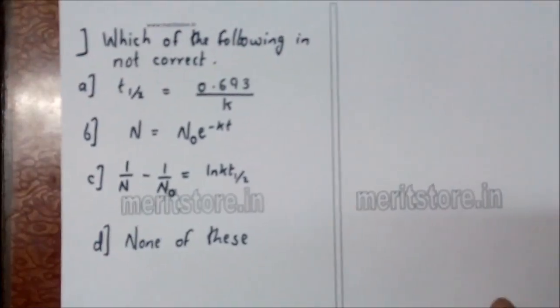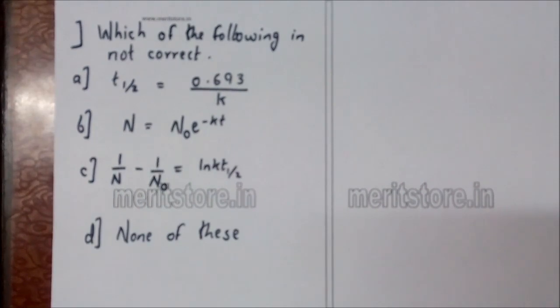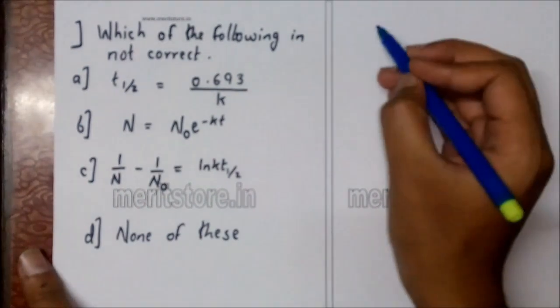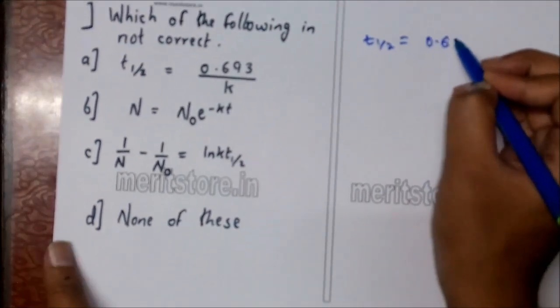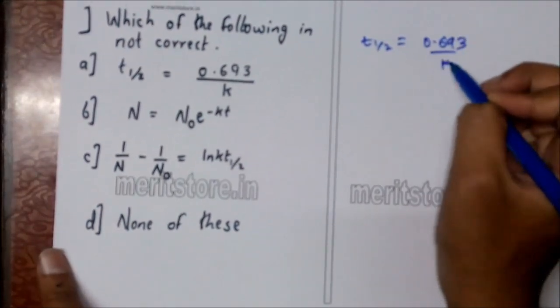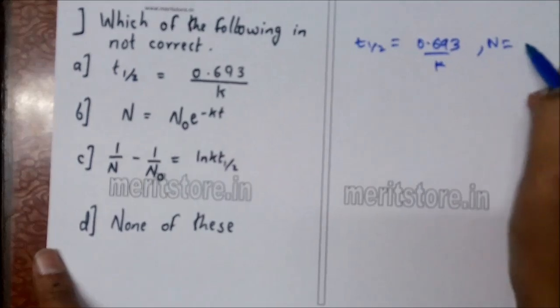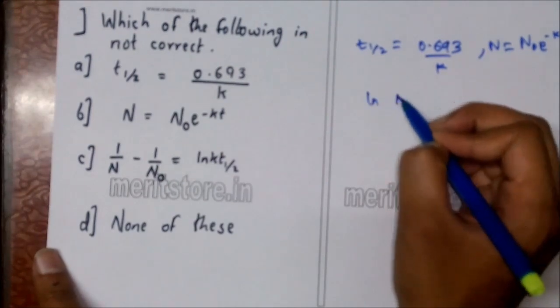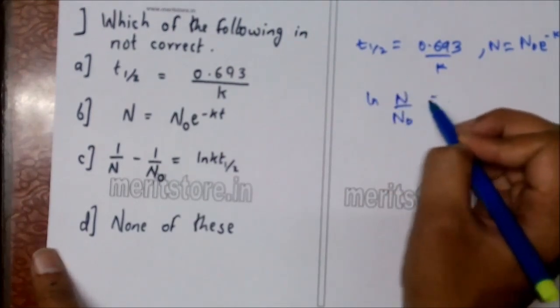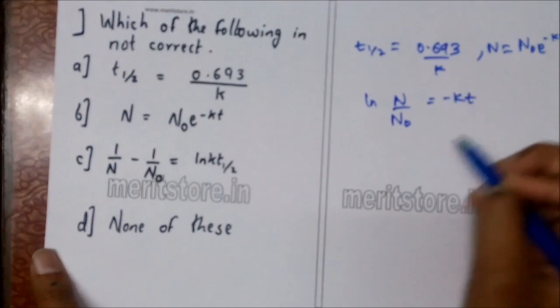Which of the following is not correct for the equation? We know that T half is equal to 0.693 upon K, or N equal to N0 e raised to minus KT. We can write ln N upon N0, which is equal to minus KT.